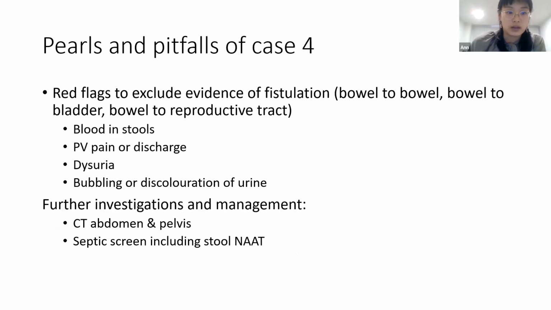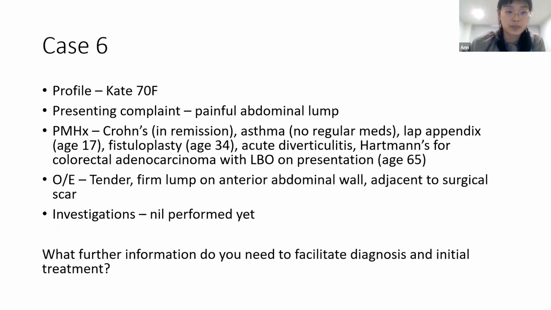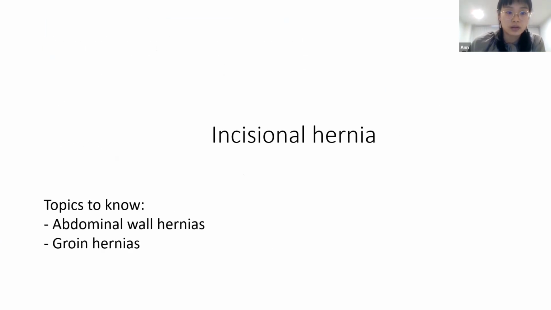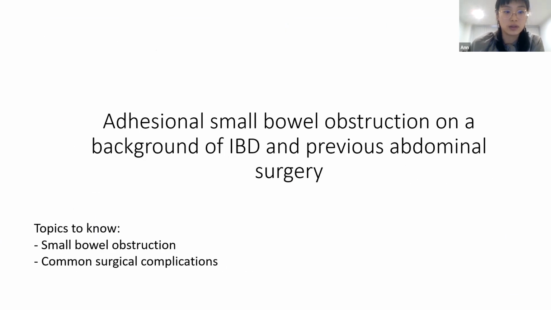So if we come back, where were we? There we were. So, yep, diagnosis was an adhesional small bowel obstruction on a background of IBD and previous abdominal surgery. So I think most people would probably know this by now, but adhesions are just the peritoneum's reaction to any form of inflammation.